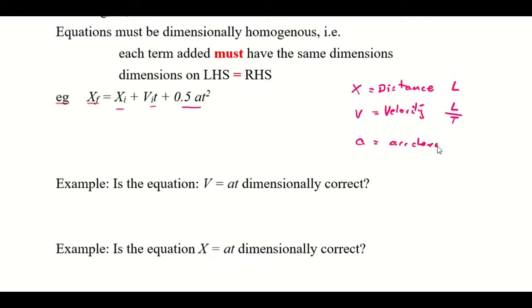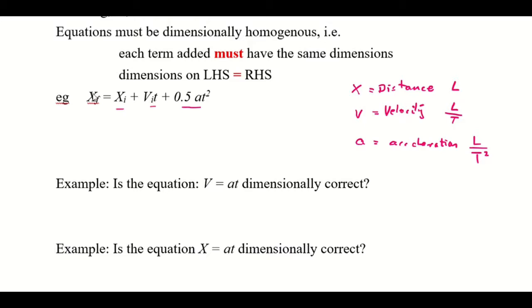We haven't seen the acceleration yet, but it's a derived unit, and it's a distance over t squared. So the units would become meters, meters per second, and meters per second squared.